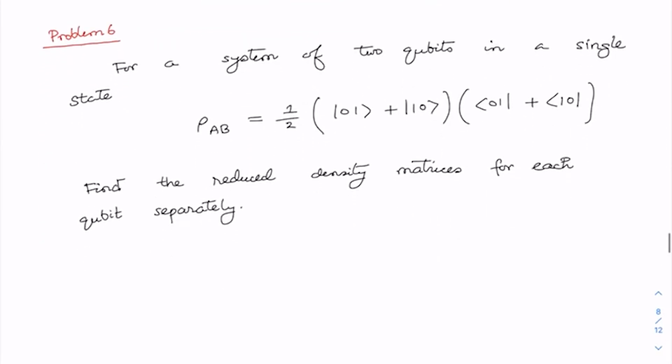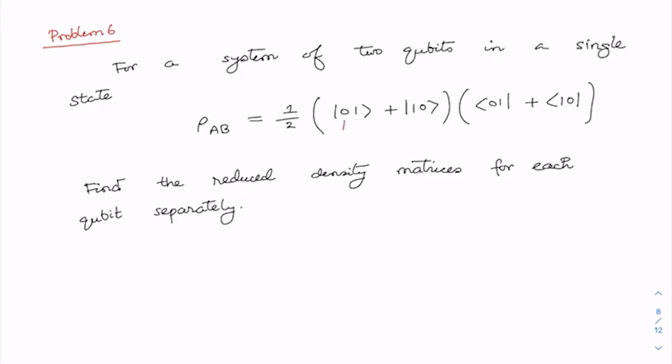Let us now work out this problem. This is similar to the previous one. A system of 2 qubits in a singlet state is given in terms of a density operator. This is the density operator for the composite system.